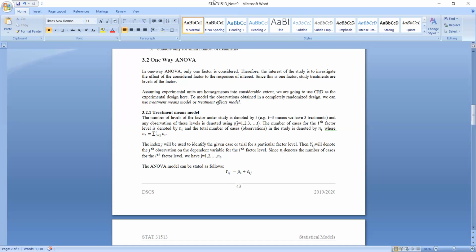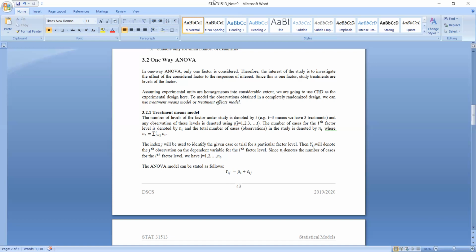And then when you take, let's say, the first treatment, let's say you have assigned 10 units, 10 experimental units.